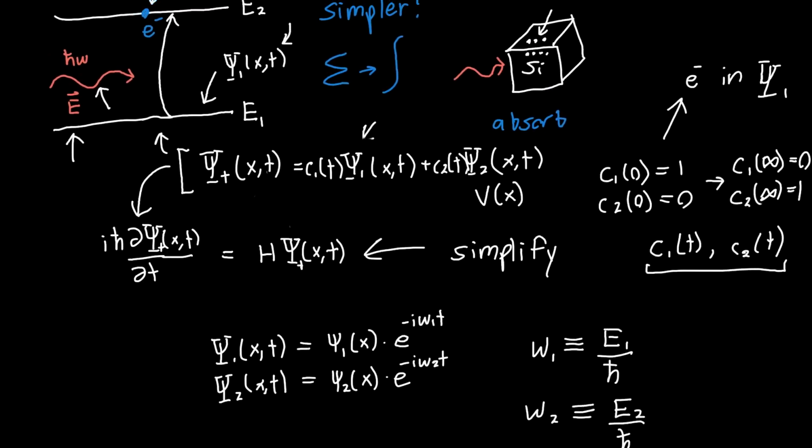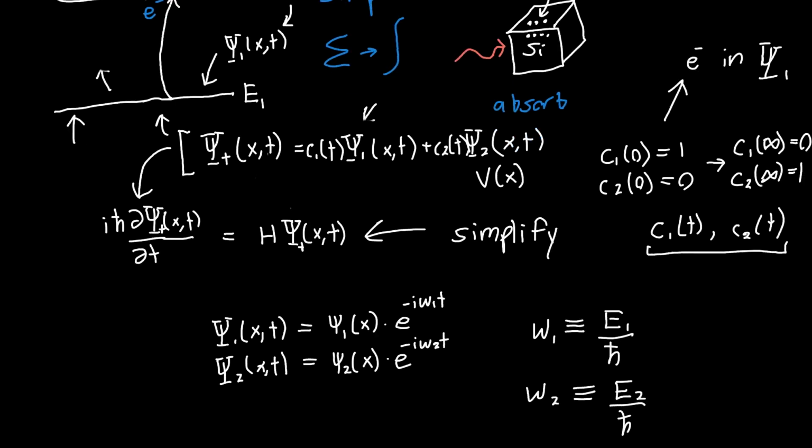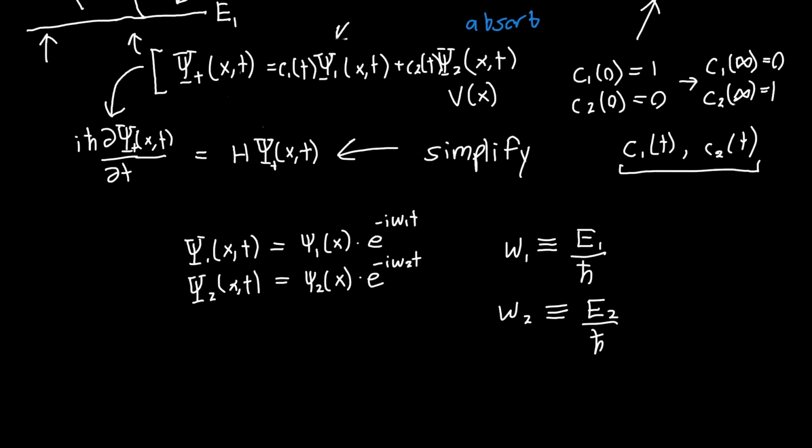And initially, let's just assume that there's actually no light. So let's figure out what happens when there's no light being applied to the system. So this Hamiltonian is just a function of x. At this point, I'd recommend you try plugging in this full equation using these substitutions into the Schrodinger equation.